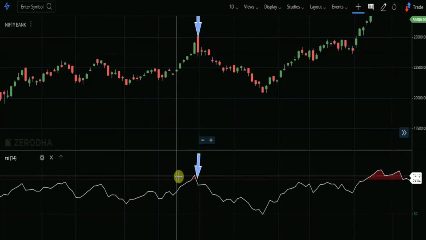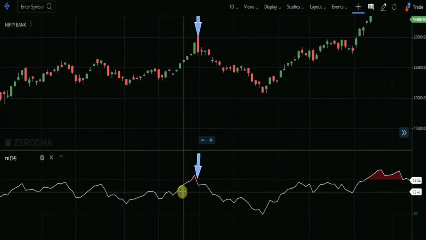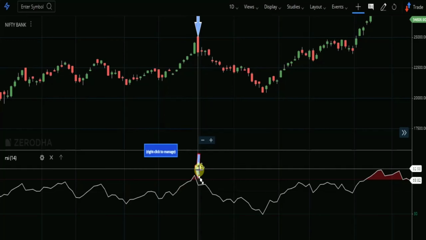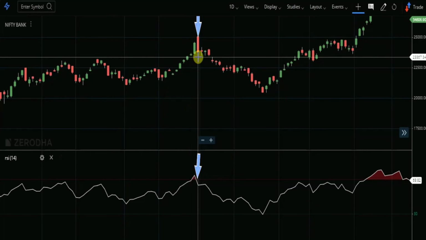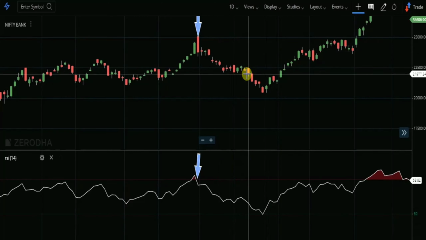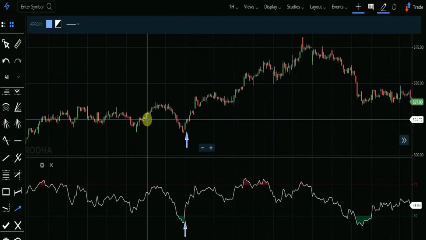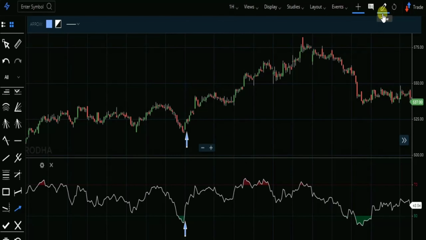Here RSI went above 70, so it was in the overbought zone. So as soon as the RSI went above 70, the price came down. Now in the second example, RSI went below 30, so it was in the oversold zone.